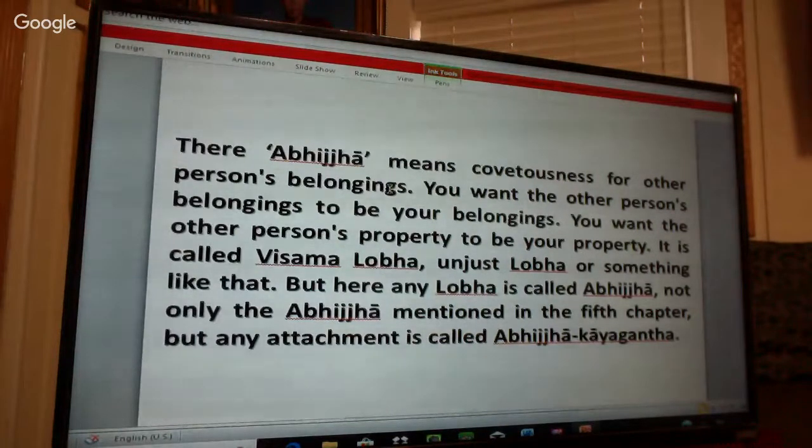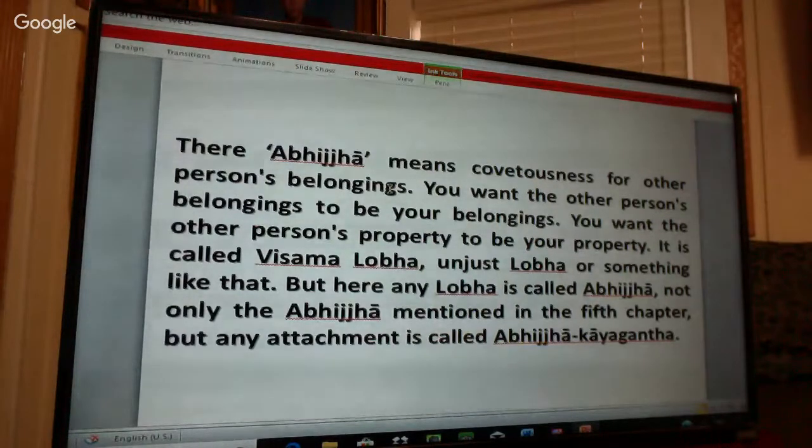It is called Visamalobha. We say in Pali, Visamalobha is unjust greed, unjust lobha or something like this.